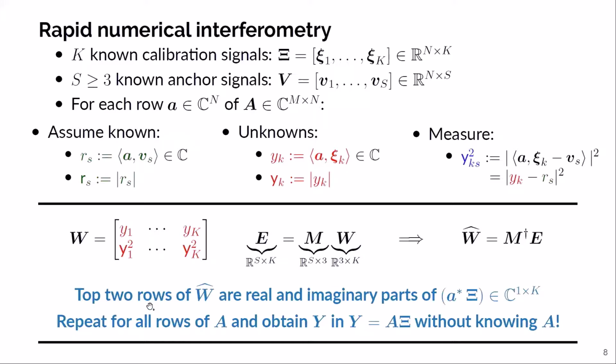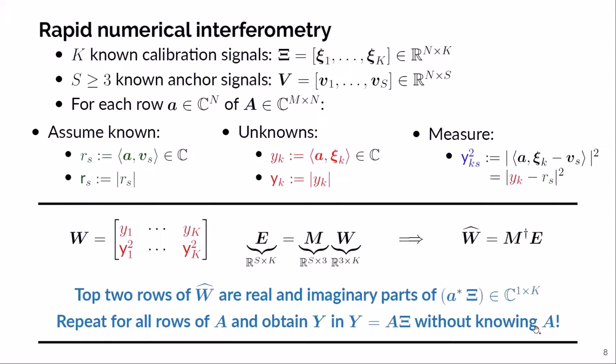We can just repeat this process for every single row of capital A, and we would obtain capital Y in Y equals A CASSP. And we've done it. We've done measurement phase retrieval, and we haven't even had to know anything about capital A.